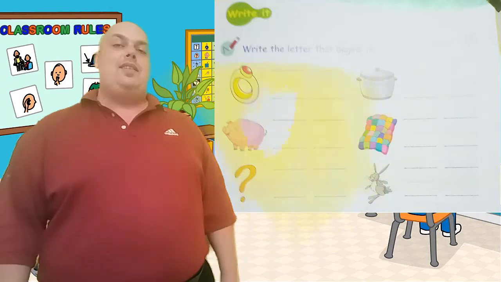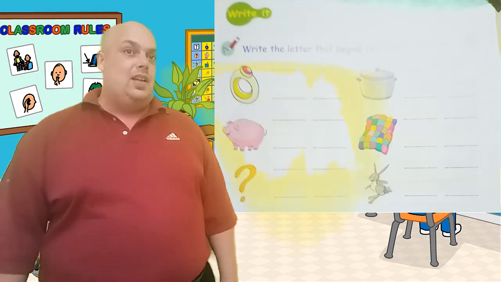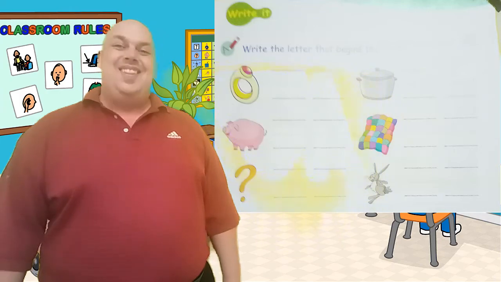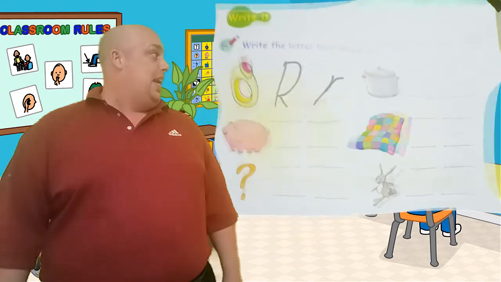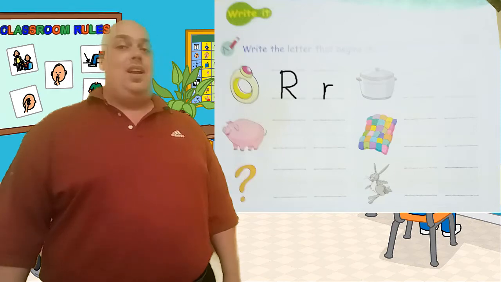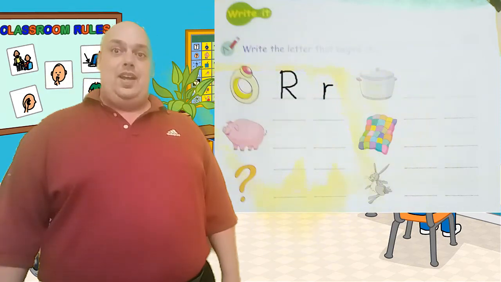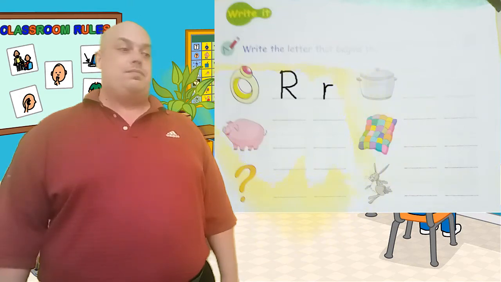Okay, so let's get started with ring. What is the first letter of ring? What's that? Letter R? That's correct. Letter R. So over here, we're going to write the big R and the small r. Okay, now let's have a look at the next picture.